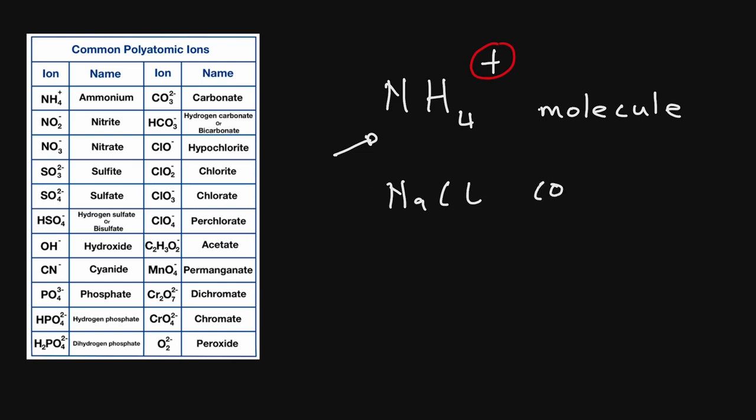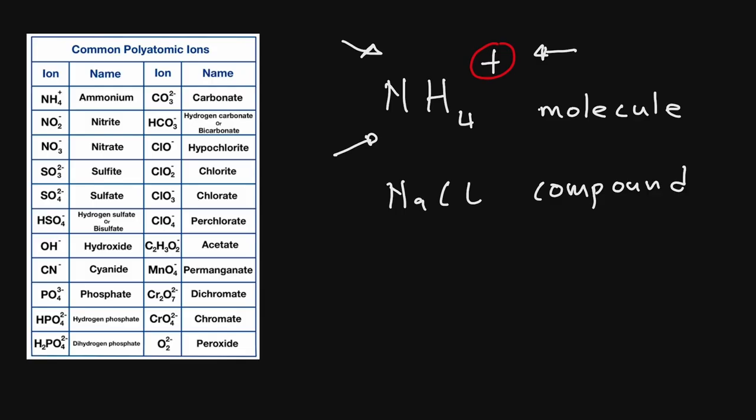But as soon as we have a charge, that is called a polyatomic ion. So this polyatomic ion can actually bond with other elements to form compounds.